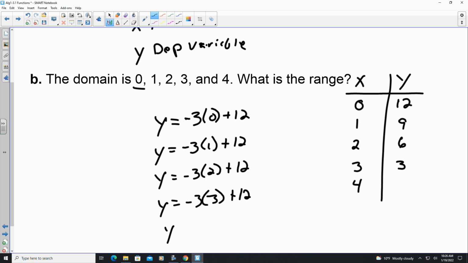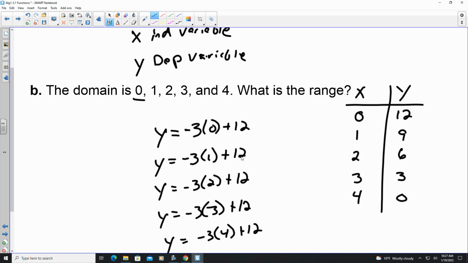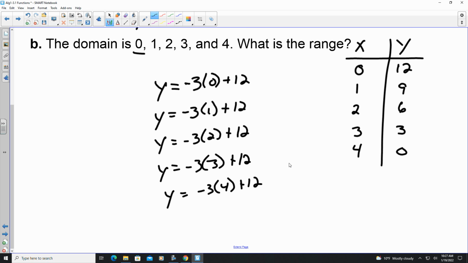And then finally, y is equal to negative 3 times 4 plus 12. Ends up being 0. And my range, if you want to make a list of it, would be 0, 3, 6, 9, 12.